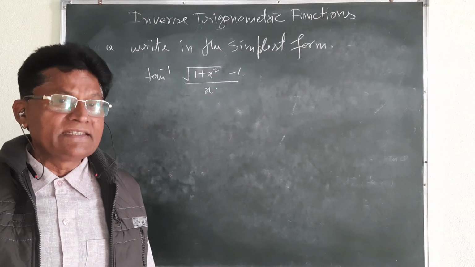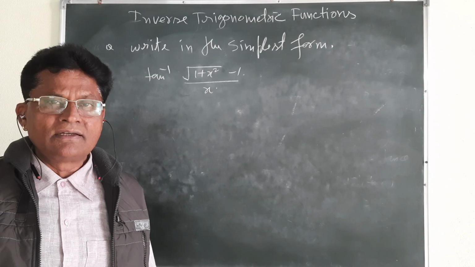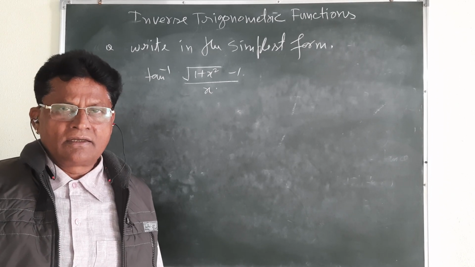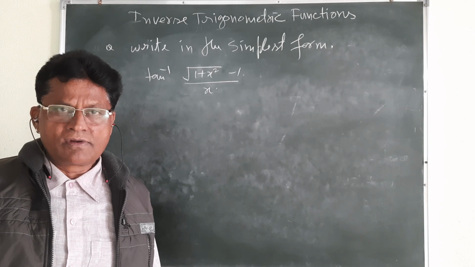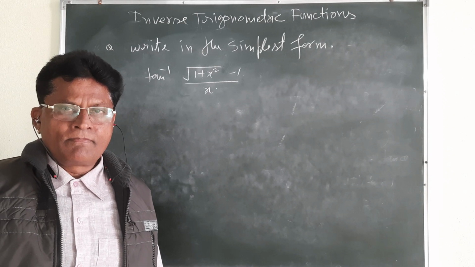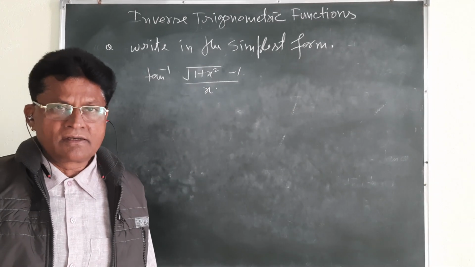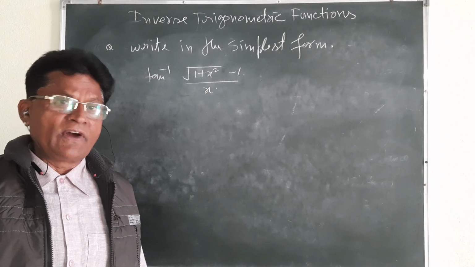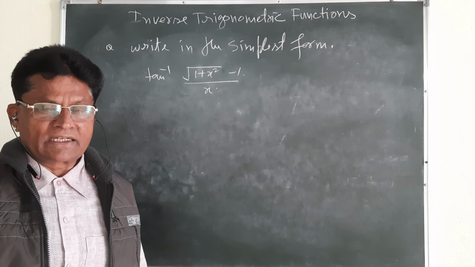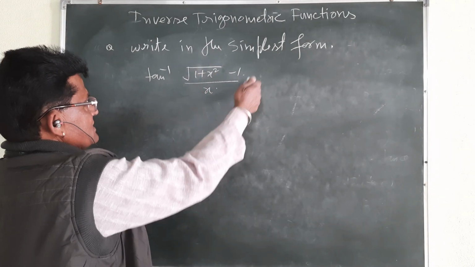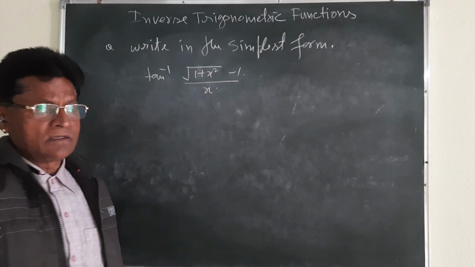Suppose, dear student, it is given in differential calculus. There is one exercise in the CBSE NCERT book, and different such types of questions are given, asking you to find the differentiation of it with respect to x.